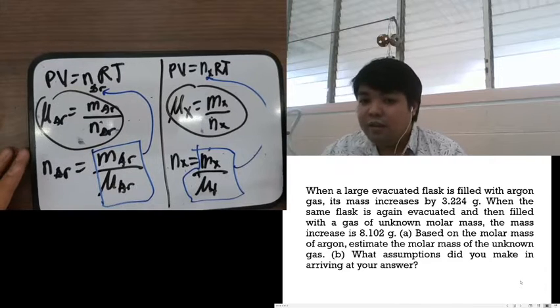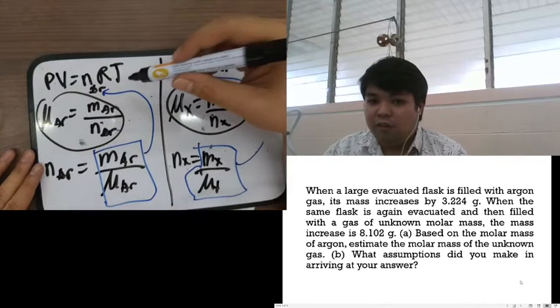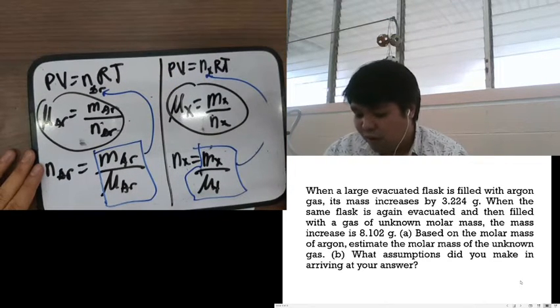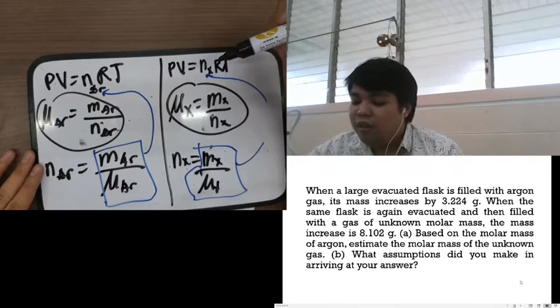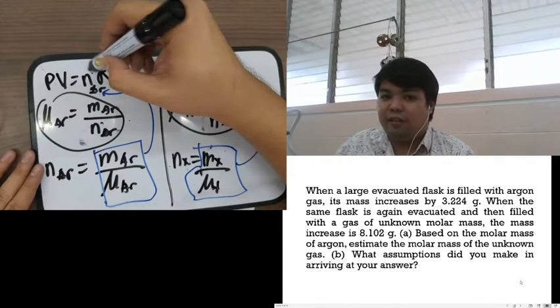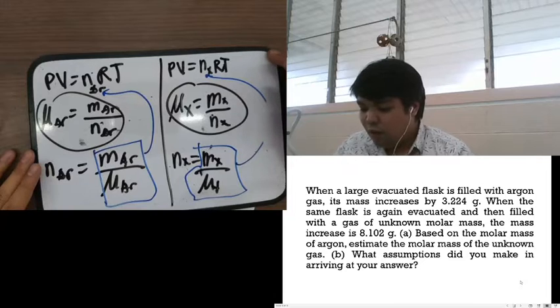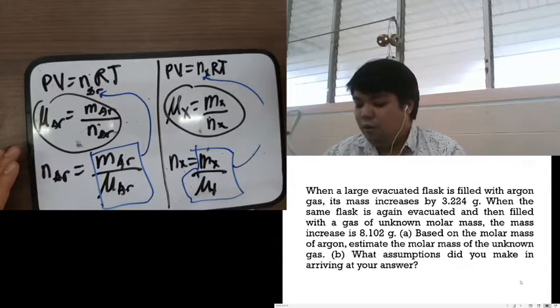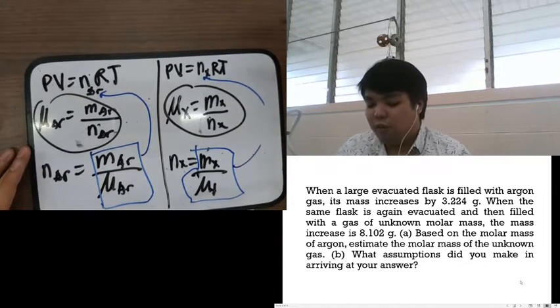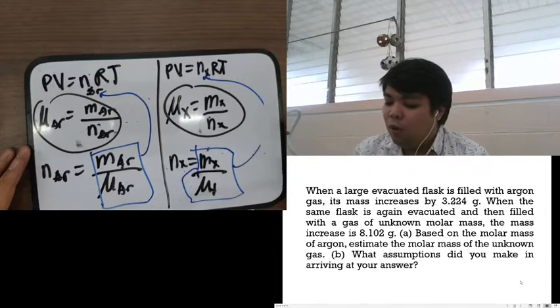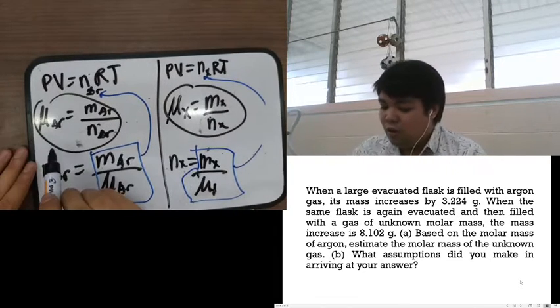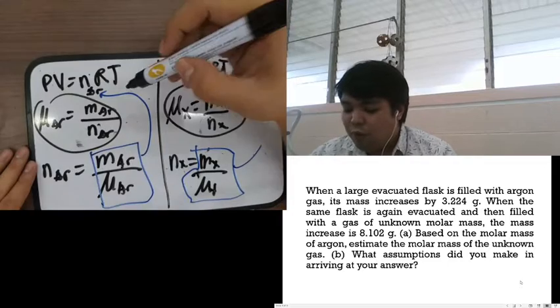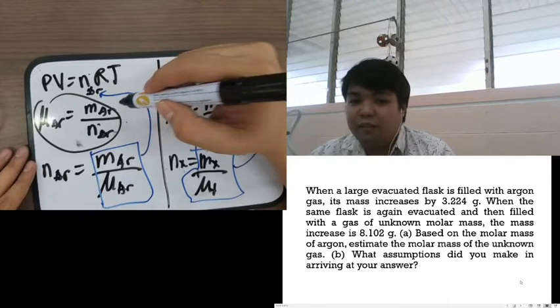So let's do the ideal gas equation on these two substances, on both the argon gas and the unknown gas, okay? So here, PV = nRT, so on and so forth, and we know that molar mass is equal to the mass of the substance divided by its number of moles.